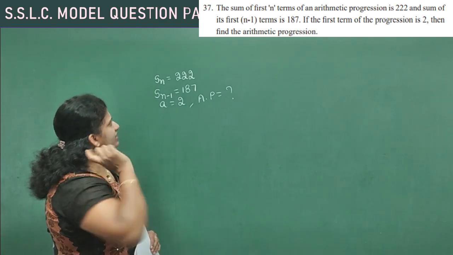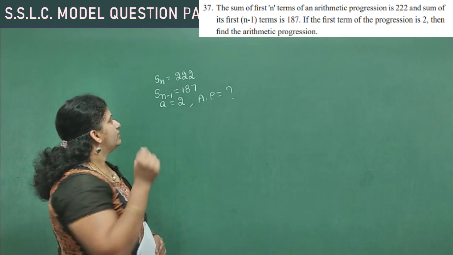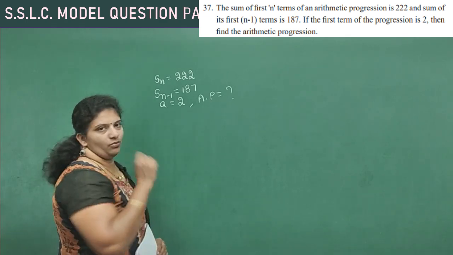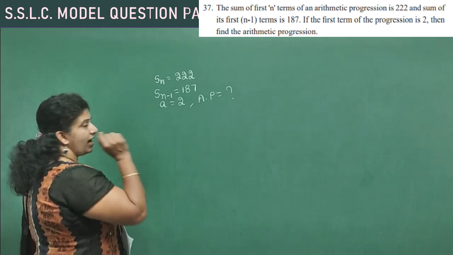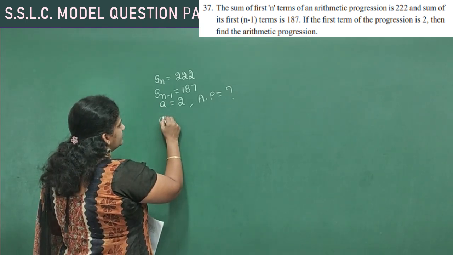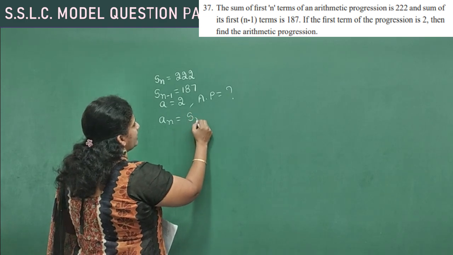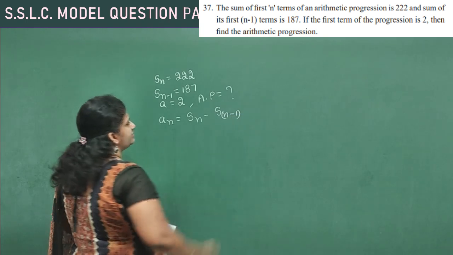So observe the question carefully. Sum of n terms given, sum of n minus 1 terms given, a given. So you need to find the arithmetic progression. I immediately remember a formula, that is an is equal to Sn minus Sn minus 1.